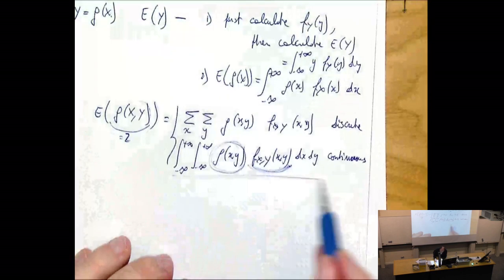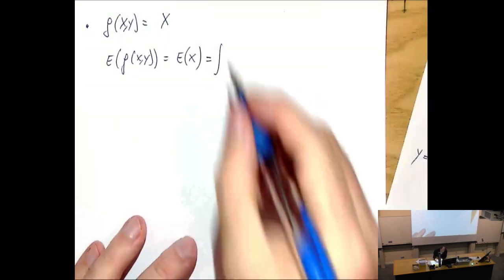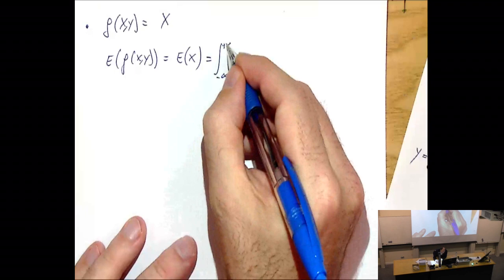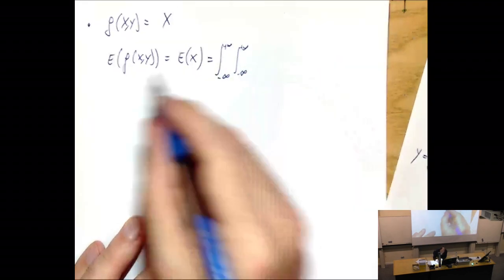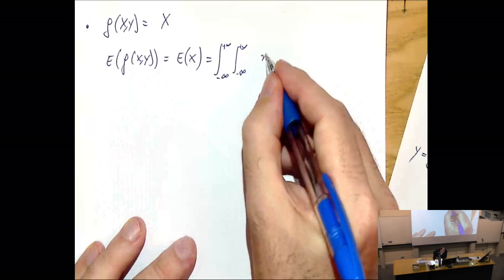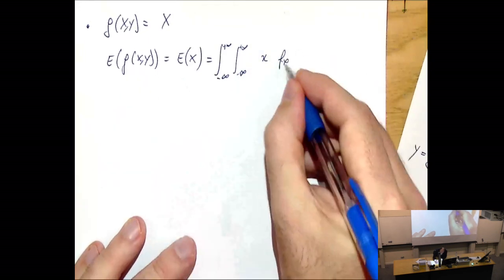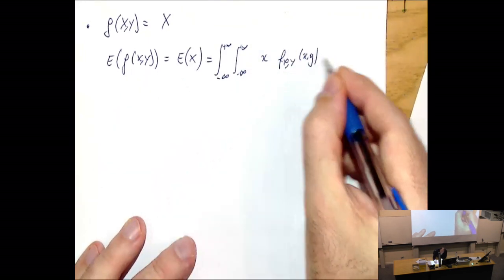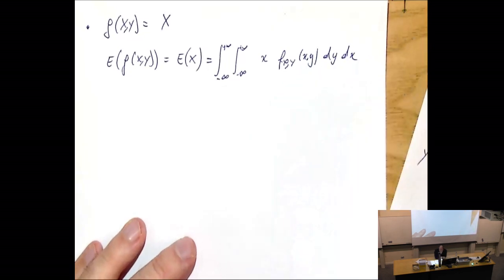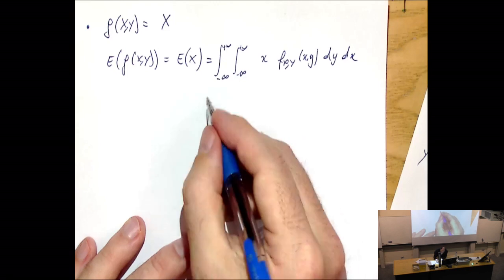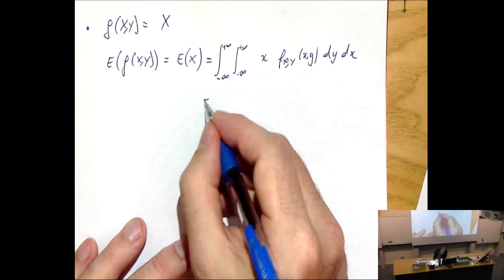I have a double integral between minus infinity and plus infinity of g of xy, which is now x, multiplied by the joint probability density function of xy. And so I integrate with respect to y first, so I can do that.